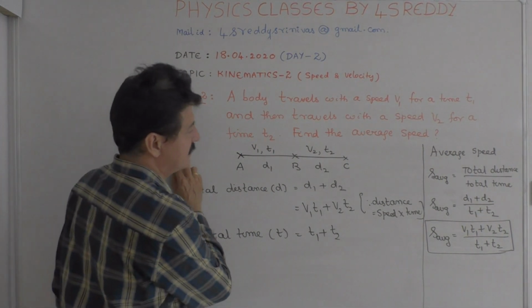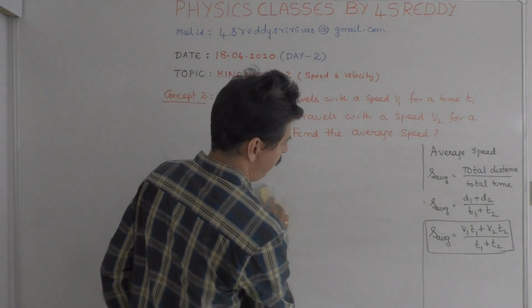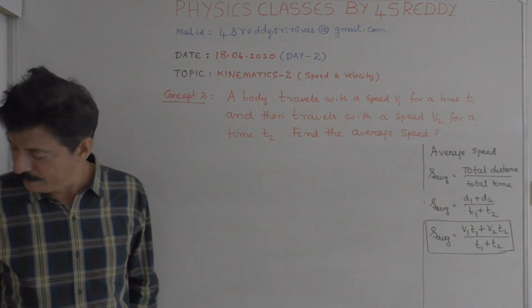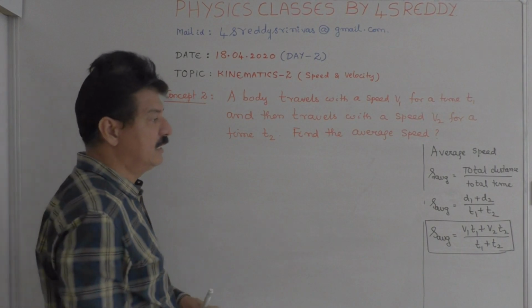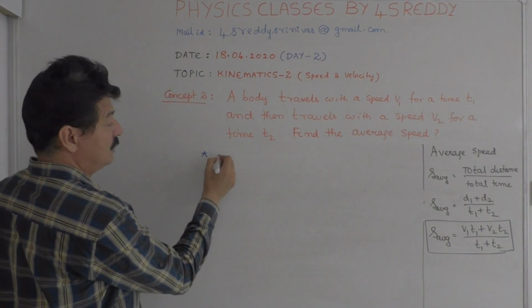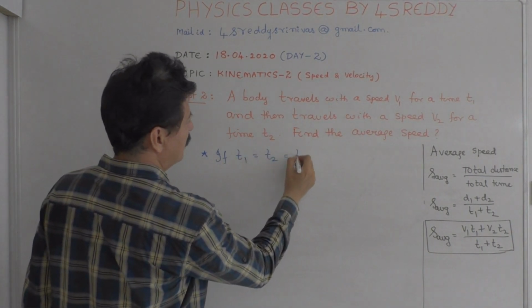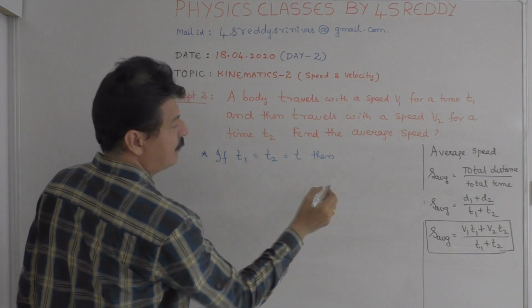And if that is the case, here also the point that we can write is, suppose if t1 is equal to t2 is equal to t, then what happens?